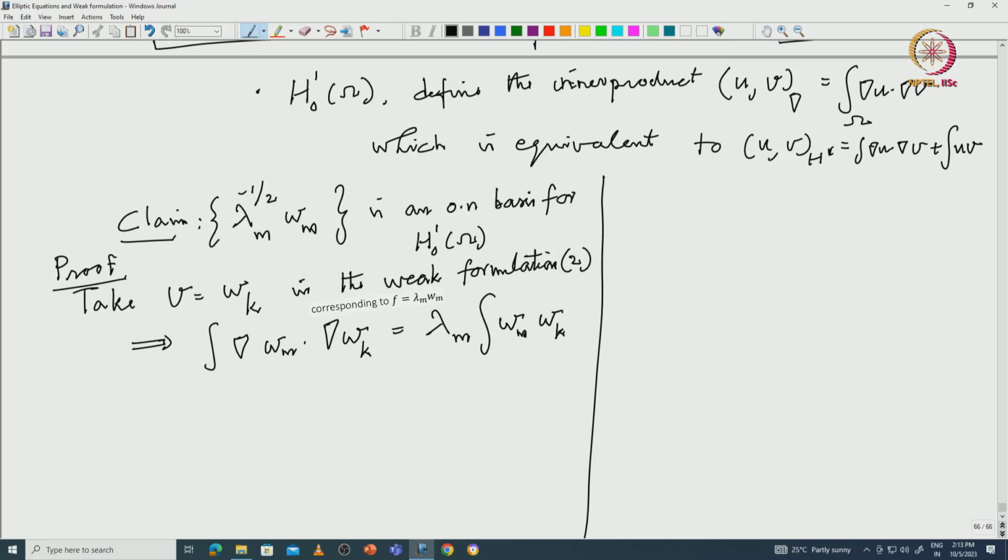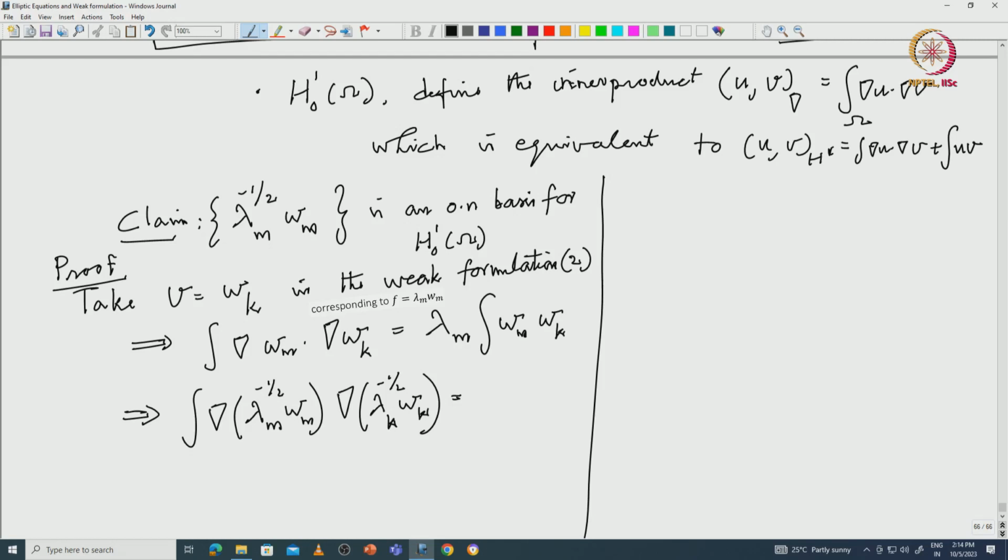Now I multiply by lambda m power minus half, because I want to see that this is an orthonormal basis: lambda m power minus half Wm, with gradient of lambda k power minus half Wk. With lambda m I have to multiply the right side also with lambda m power minus half and lambda k power minus half.